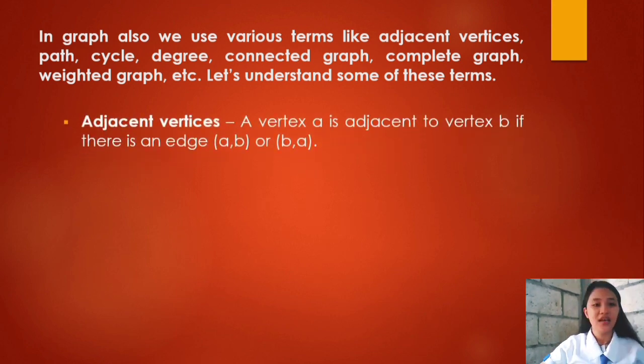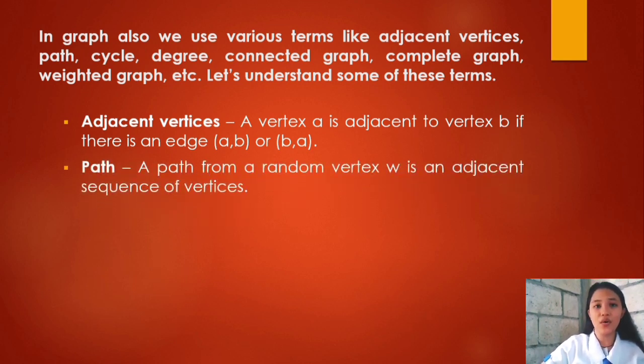Adjacent vertices. A vertex A is adjacent to vertex B if there is an edge AB or BA. Path. A path from a random vertex W is an adjacent sequence of vertices.